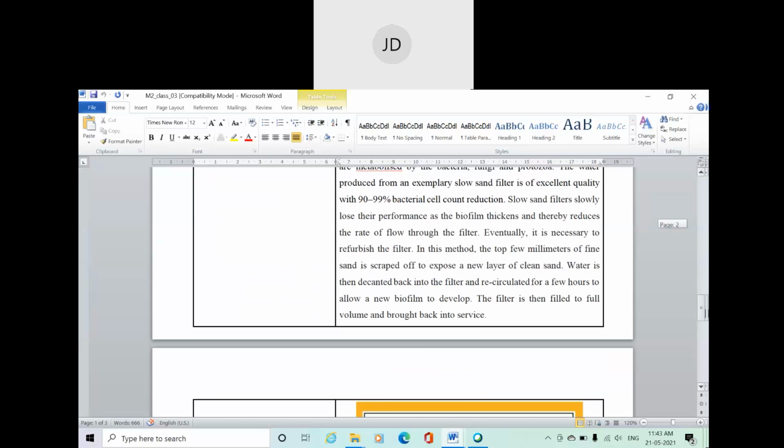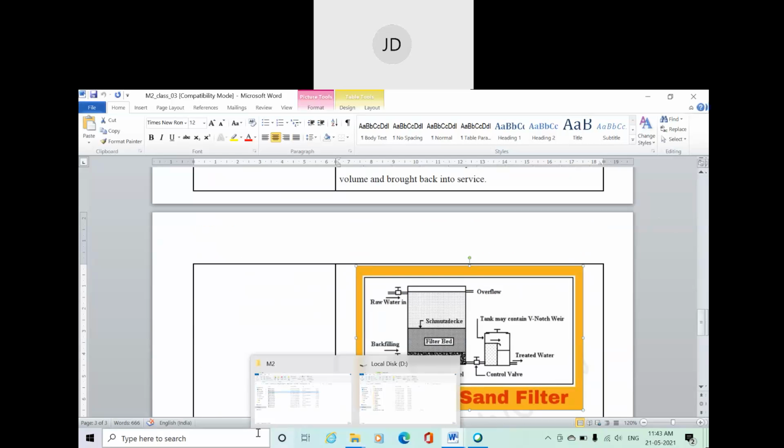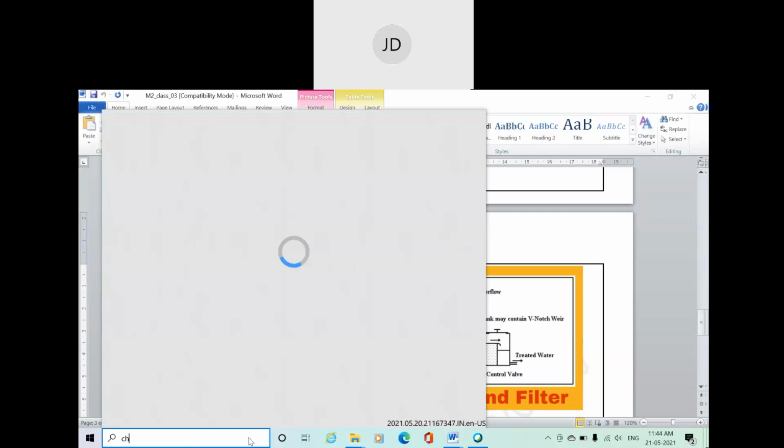One more thing I am going to give you. Can you see this? Can you pronounce this? Stack. This word is used for the biological film.